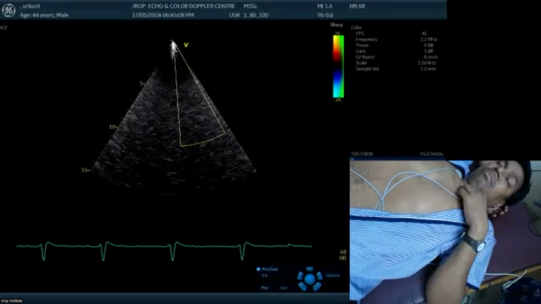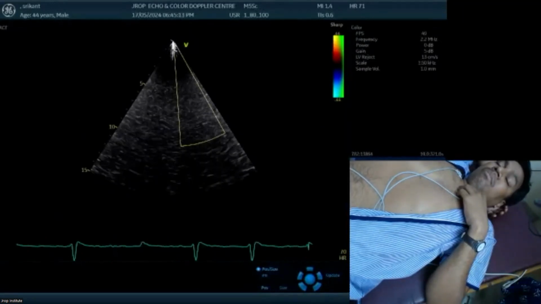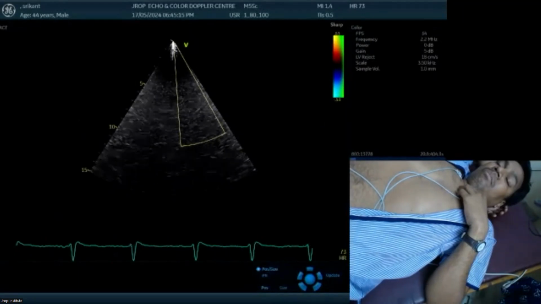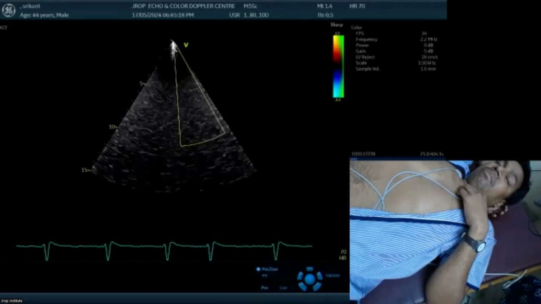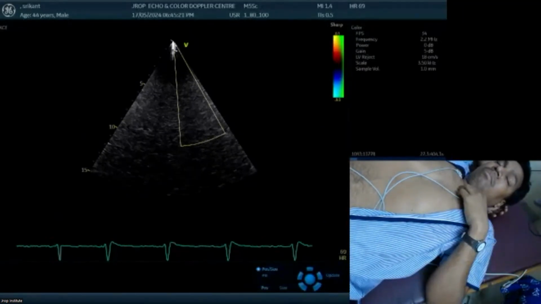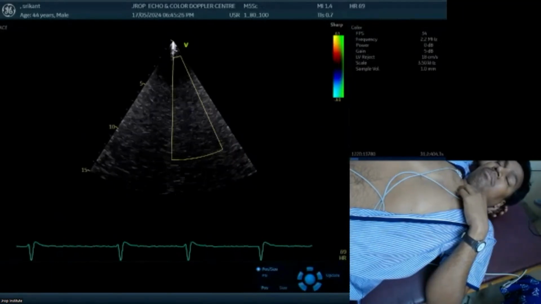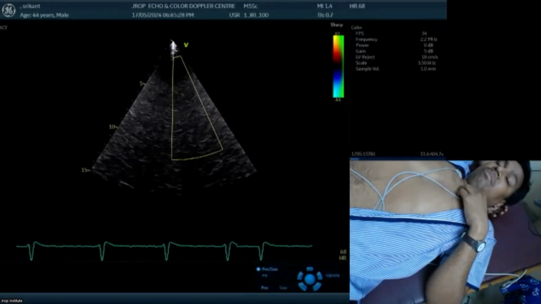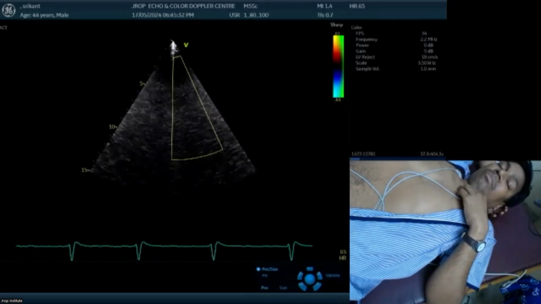And then I can also change the quality of this color Doppler scaling, but this is known as the variance scale. So we have to keep it on the variance map. Keep this Nyquist limit at 60. Any velocity which is more than red in color and more than 60 will be reflected as yellow, green, and towards blue color.